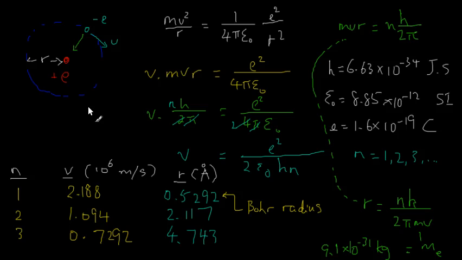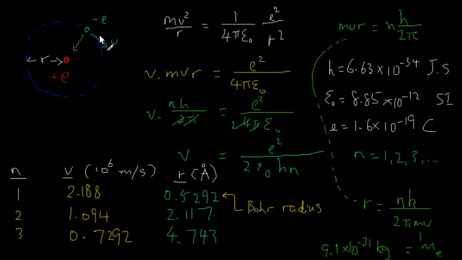The idea of Bohr was that the lines in the hydrogen spectrum come from the electron falling from a higher to a lower orbit and then giving out the energy that it lost as a photon of light. So in order to do this, we must first know the energy of each orbit, of each of these possible radii.